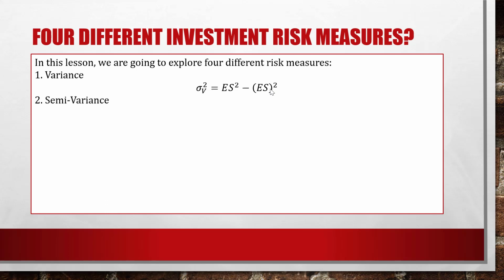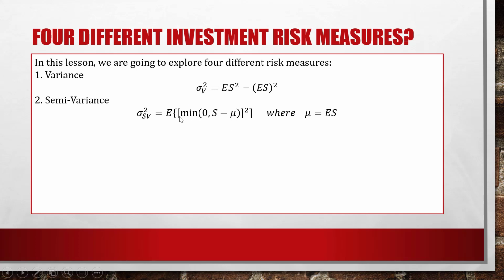The second concept is the semi-variance. This is a new concept we have not seen in exam P and exam FM, so I'm going to explain the formula a little bit. For semi-variance, we compare the deviation between the value of the risk and the mean, and compare that with 0.